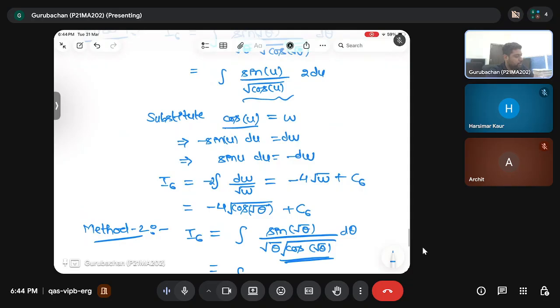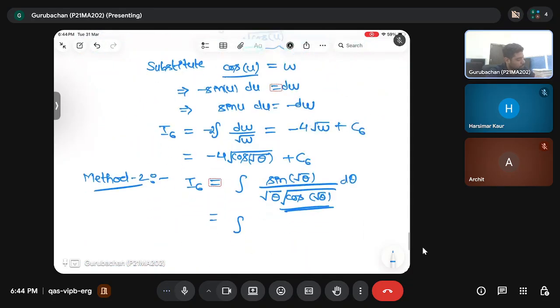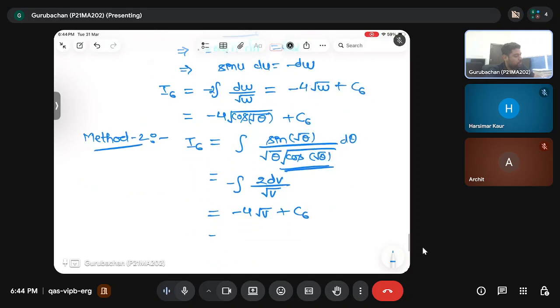In this scenario, we are getting minus 2 times dv, so minus 2 times dv divided by under root of v. So it is simply minus 4 under root of v plus c6. And what was the value of v? Again the same one, cos under root of theta. Just the thing is that if you are not able to see the better substitution, then you have to substitute it 2 times.